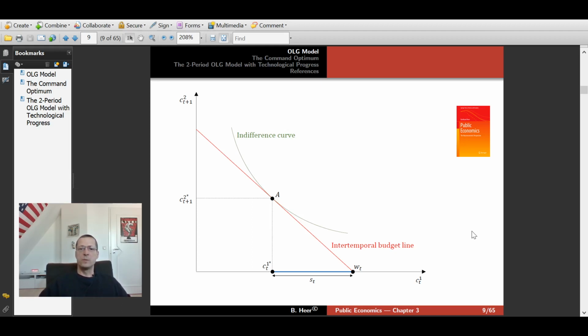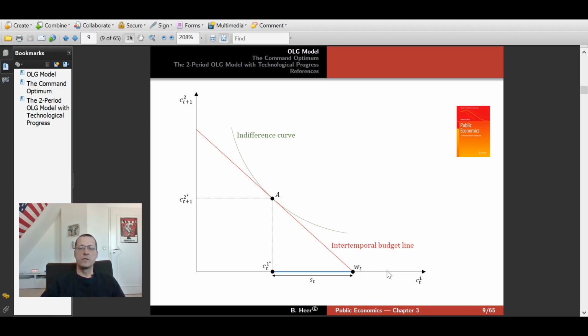Now, the difference between your wage W and your optimal consumption C1 star is your savings, which is the blue line in this diagram. And it's easy to see what happens if your wage increases. So this will shift the budget line outward.